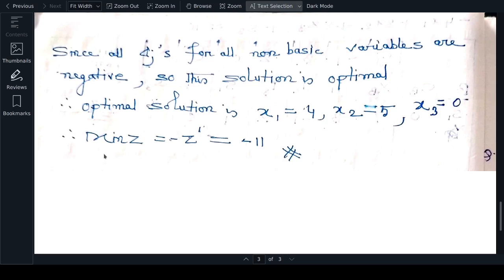In your exam, the problem may be either a minimization problem or a maximization problem.